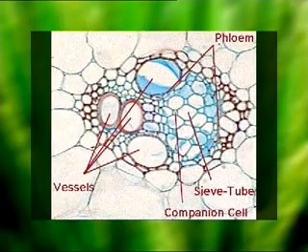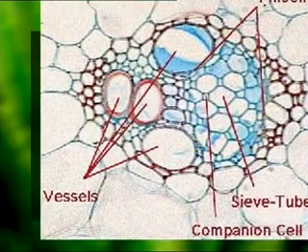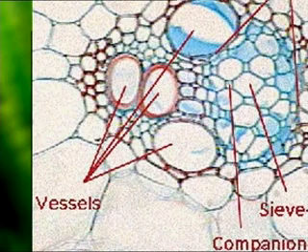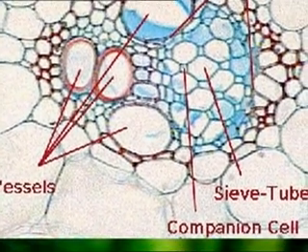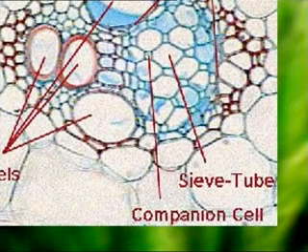Also, anatomically speaking, in angiosperms we have the presence of vessels in the xylem tissue. One more diagnostic feature of angiosperms by which they differ from the rest of the land plants is that their sieve tube elements are always accompanied by one or more companion cells in the phloem tissue.